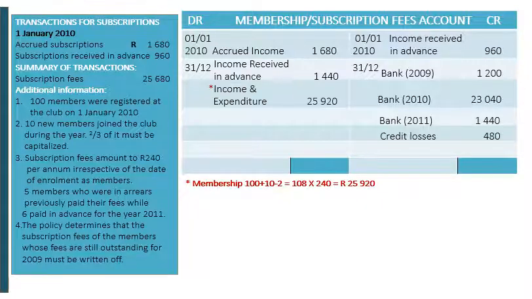Show this amount on the debit side as income and expenditure amount 25,920. Now the account can be closed off by showing the balancing figure as accrued income.